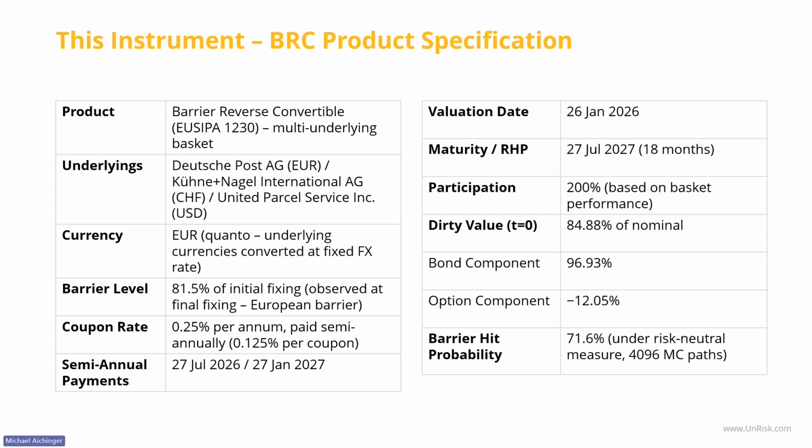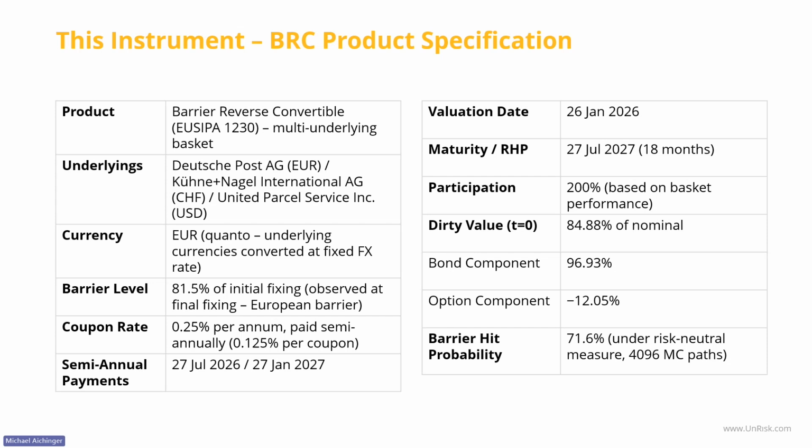Example, if the basket performance is 105% and the basket level is 100%, this would mean we would have another 10% of the nominal paid at redemption. Then we did some calculation using unRisk.